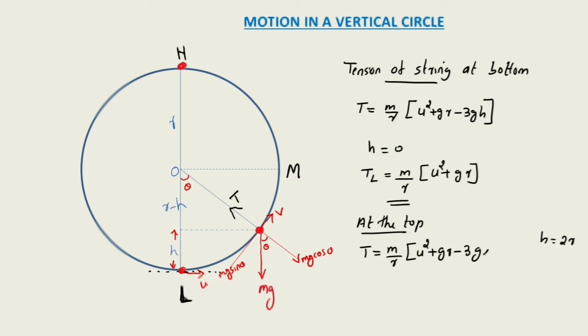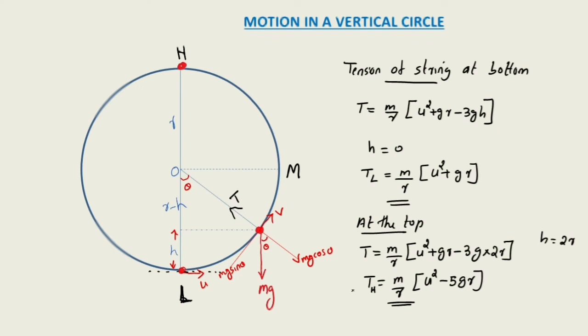So we substitute 3g into 2r. So tension T is equal to m by r into u square plus gr minus 6gr, which is equal to minus 5gr. This is the equation to calculate the tension at the highest point, the top. We can note it down as tension subscript H.